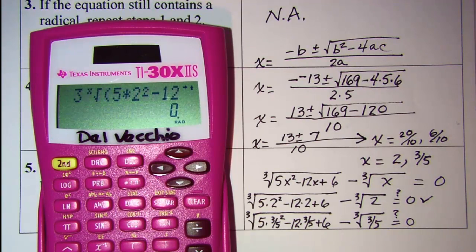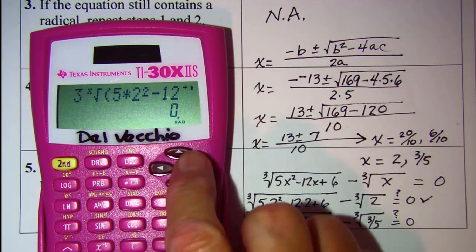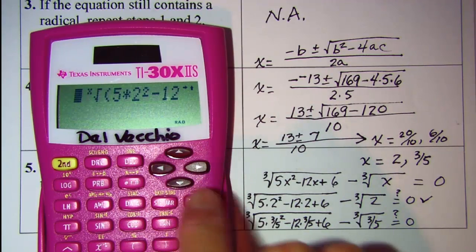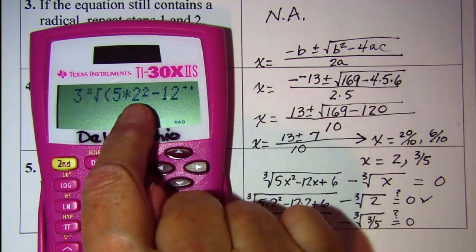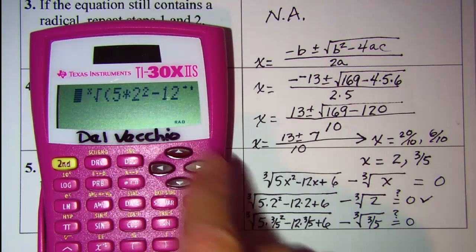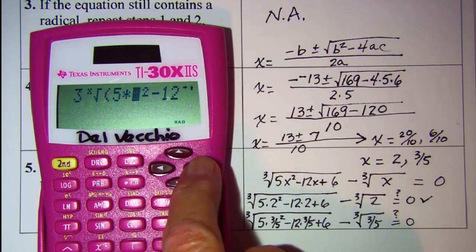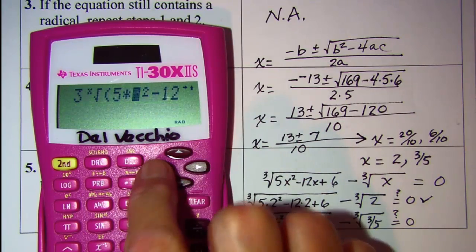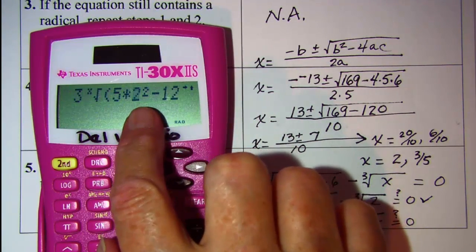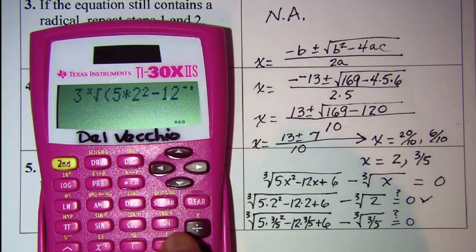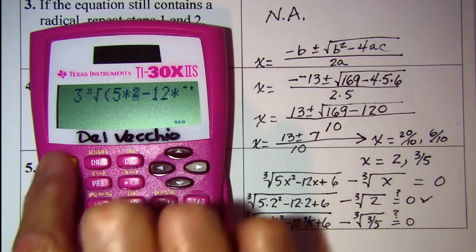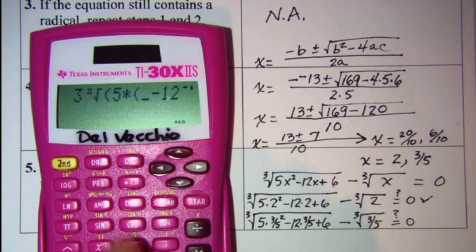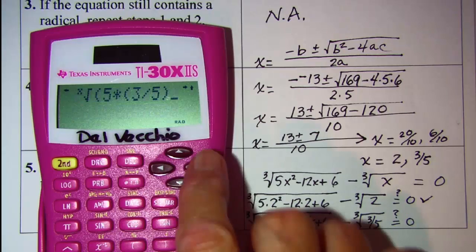So the nice thing about these calculators is I can go back up and just replace the 2 where I did the work previously. I can replace that with 3/5. So I'm going to delete the 2 here and insert parentheses 3 divided by 5, parentheses closed.